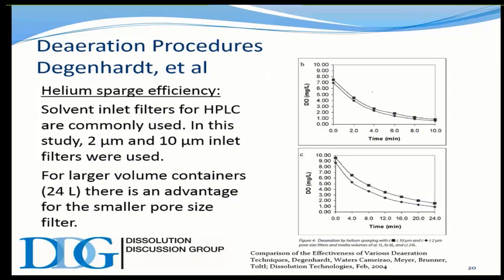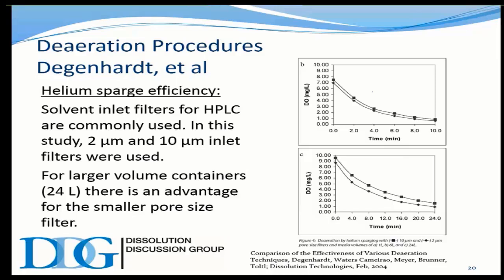But in this case, they're going to use it in quite a different manner, hooked up by a tube to a source of helium to provide a very fine dispersion of helium bubbles in the medium to sparge it more effectively. So what they pointed out in this article, especially for larger volumes, is that the 2-micron filter had definitely an advantage, especially in how long you'd have to run this.